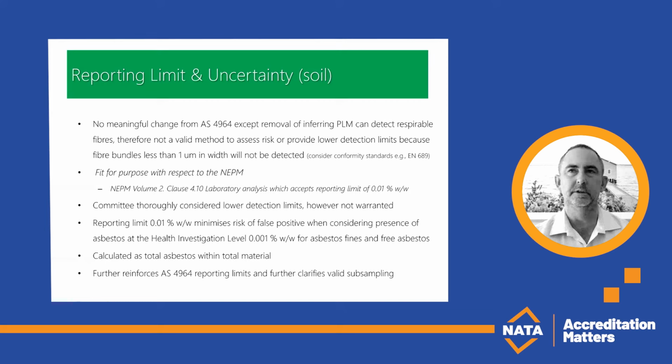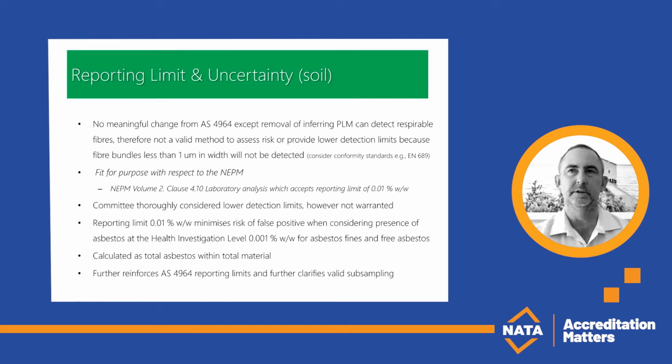And efforts to refine accuracy further would require substantial investment in time, resources, funds and technology without yielding a more accurate or meaningful outcome. Therefore, the reporting limit remained at 0.01% weight per weight to ensure a balanced approach to reliability and practicality.